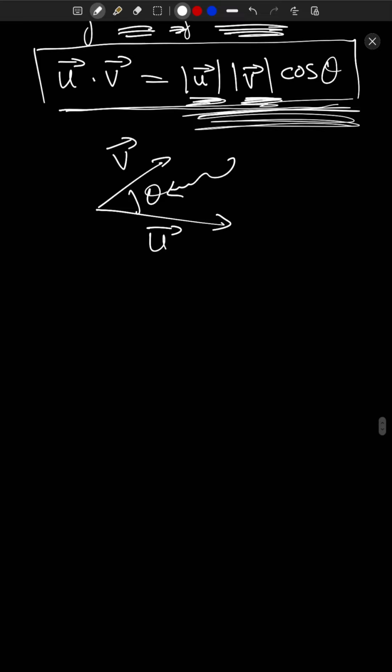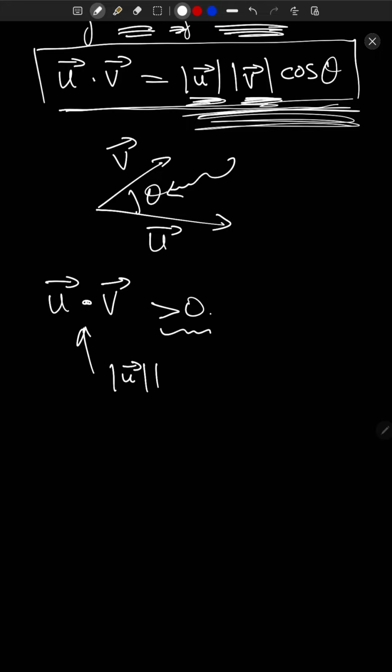For example, let's say I calculated the dot product of these two vectors, and I discovered that it was bigger than 0. What does this tell me about the relationship between u and v? Well, how could this be positive? u dot v is equal to length of u, length of v, cosine theta.